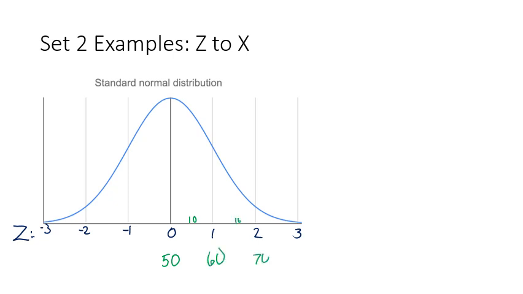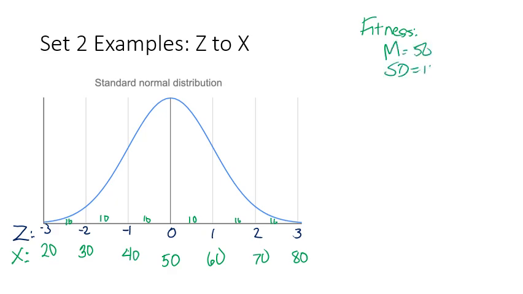Here's 70. Here's 80. Here is 40. We subtract 10 to get 30, and we subtract 10 to get 20. There is our X distribution for the fitness test. The mean is 50, and the standard deviation is 10.